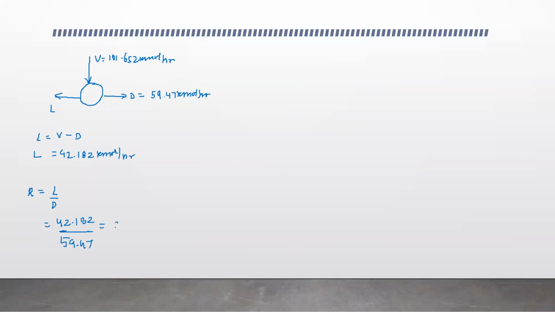So we get the reflux ratio as 0.7. Okay, so reflux ratio is a quantity which can be greater than 1 or less than 1. That's not a problem. So for now, we've got the reflux ratio as 0.7. So that is our solution.